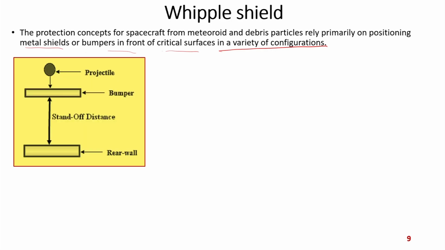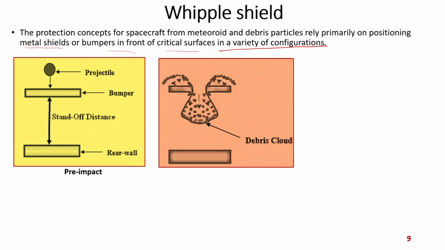This is the simplest one, suggested by Whipple. You see the projectile, the hypervelocity particle, and this is the bumper or front shield, and this is the rear wall, which is the skin of the spacecraft, and this is the standoff distance. This is before the impact. So, you see what is happening after the impact.